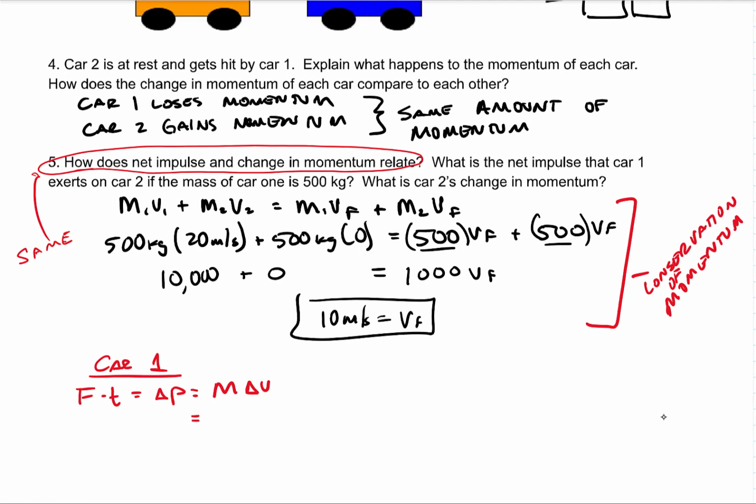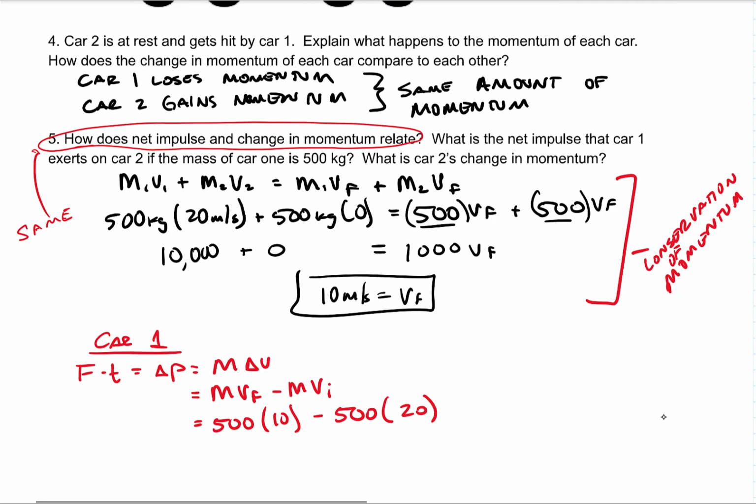So it's going to be mass times the final velocity minus mass times the initial velocity. So if we look at car 1, it's 500 times the final velocity, 10, minus 500 times the initial velocity of 20. And so when it comes down to it, the impulse or the change in momentum for car 1 is negative 5,000 kilogram meters per second.